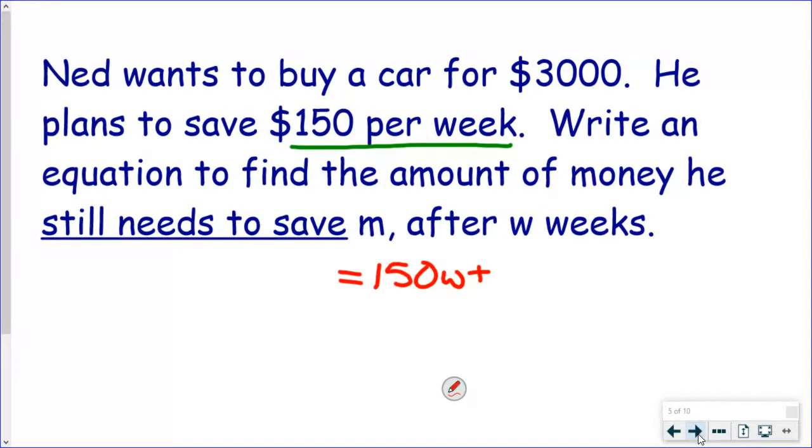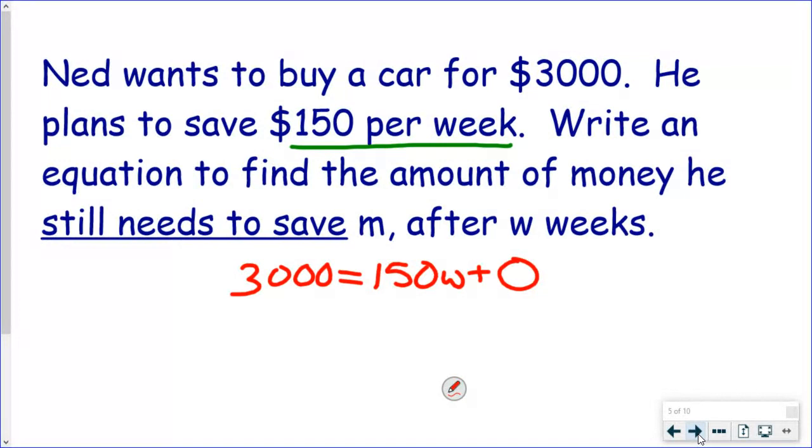He plans to save $150 per week, but he needs $3,000 for the car. Write an equation to find out the amount of money he still needs to save. Okay, so Ned wants to buy a car for $3,000. He plans to save $150 per week. He did not save anything yet. He needs to save a total of $3,000.